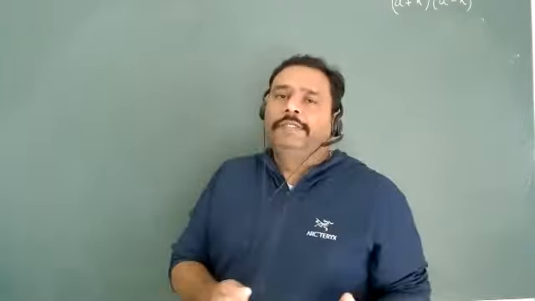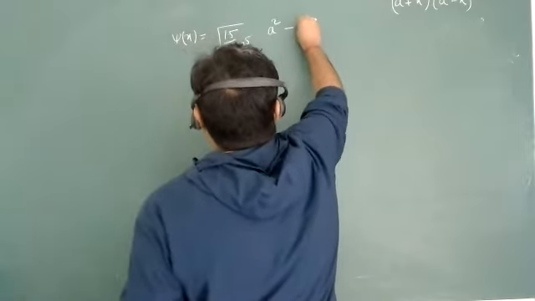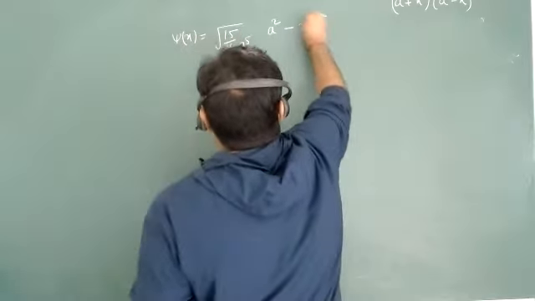Just give me the answer. Same wave function, and that value is 15/16a⁵ (a² − x²), where x is between −a to +a, and that value is 0 otherwise.